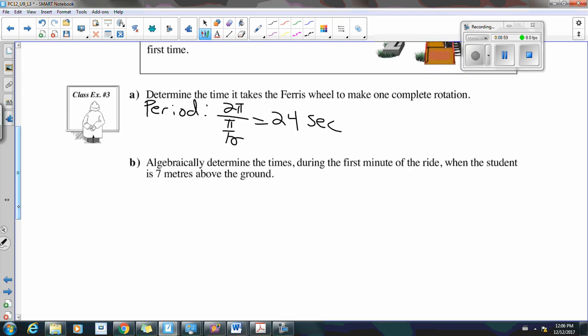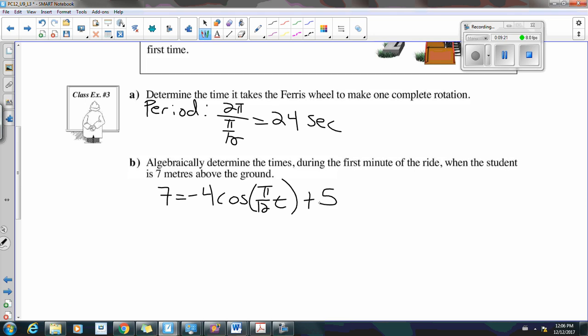B, algebraically determine the times during the first minute of the ride when the student is 7 meters above the ground. So it told us that h of t was the height, so that's 7. And then I'm going to use this formula here. They gave me -4 cos pi over 12t plus 5.